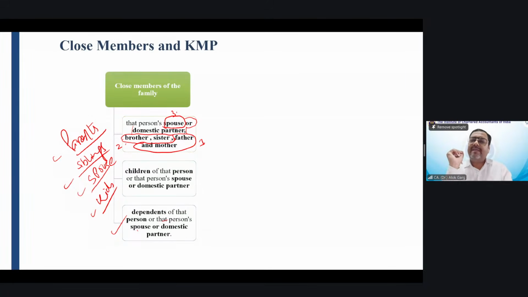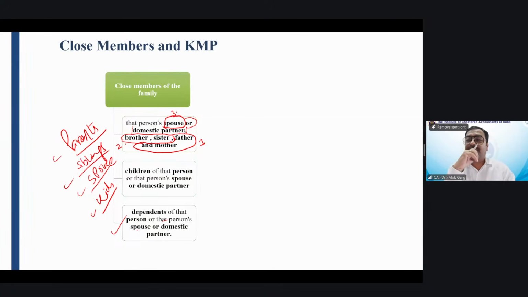So now let's say the parent of the wife of Mr. Ram is dependent on Mr. Ram, or is dependent on his wife, because the wife is the only daughter of her parents. She is the only kid of her parents, right?